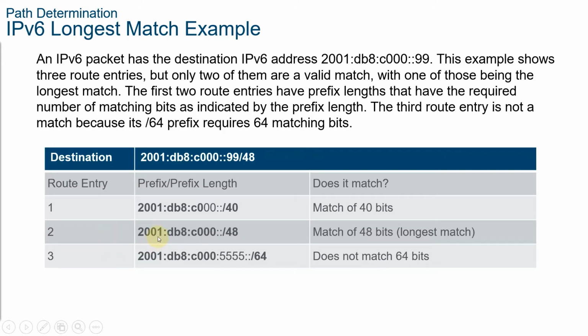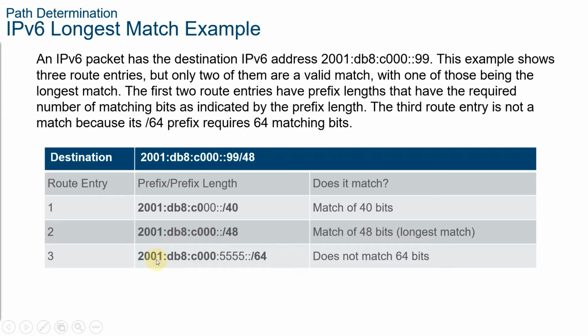The second one would be a prefix length of 48, so that is 2001:DB8:C000::/48. Alright, the second route entry has a prefix length of /48, with all 48 bits matching the destination IPv6 address, and is the longest match.